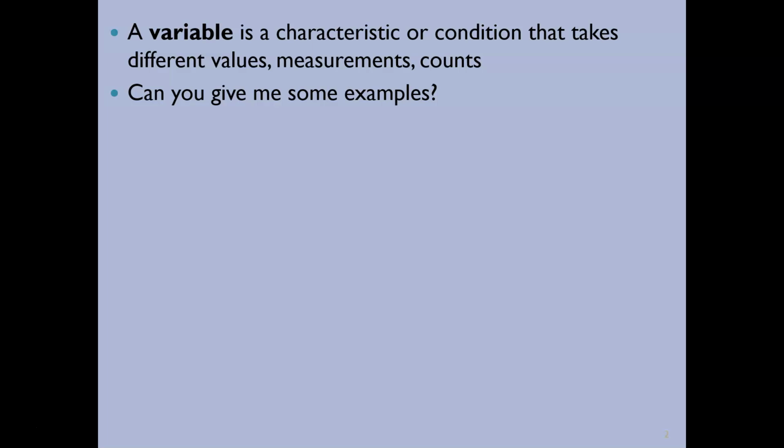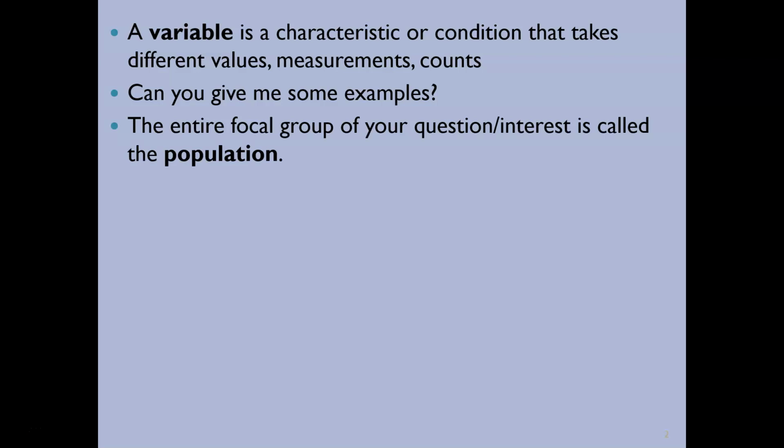Average height of college students in biology, or average body weights of students, are all examples of variables. The number of species of amphibians in a particular pond, or the number of male deer in a given forest, are also examples of variables. That's pretty easy.